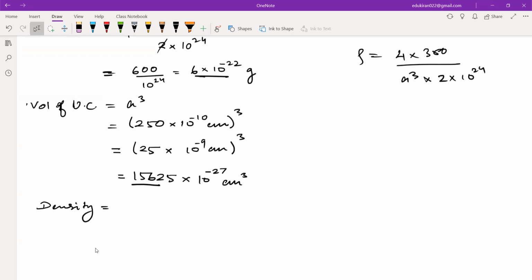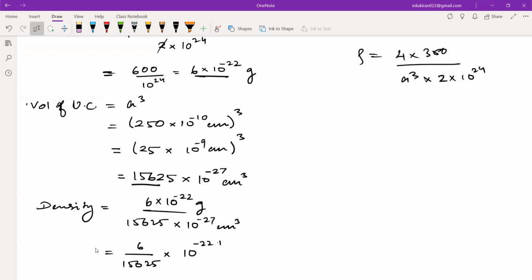This is equal to mass, 6 into 10 to the power minus 22 grams, divided by 15,625 into 10 to the power minus 27 centimeter cube. Now 6 upon 15625 into 10 to the power minus 22 plus 27. Right? Grams per centimeter cube. This will be equal to 6 upon 15625.